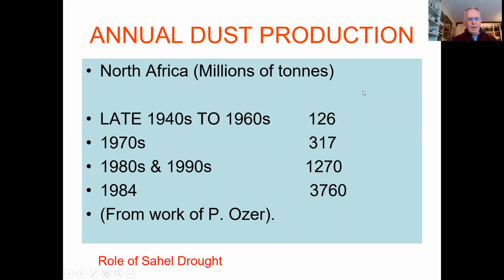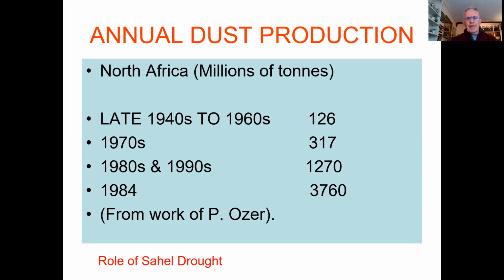And some quite interesting work has been done on dust production per year in North Africa. And we see figures here in millions of tons for the period from the 1940s to the 1960s, 126 million tons. By the 1980s and 1990s, this had gone up to 10 times that figure. And in one particular year, 1984, it had gone up even higher.